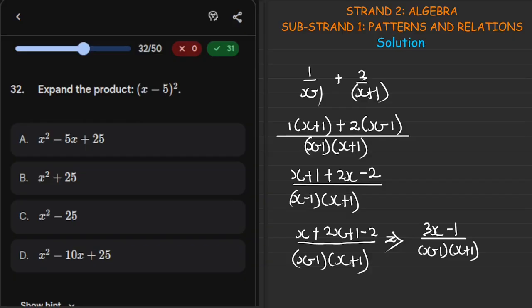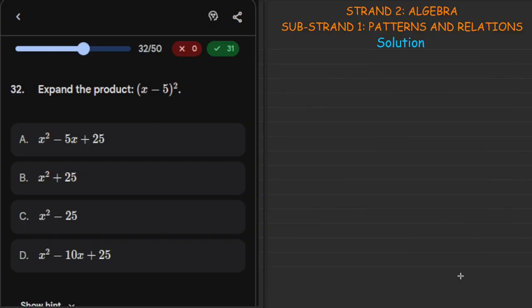Question number 32. 32 says x minus 2, x minus 5 all squared. So for this, I'll show you a very quick way we can work this without necessarily expanding. If you want to expand this, rather than writing x minus 5 into bracket x minus 5, a very quick way of doing this is x squared.